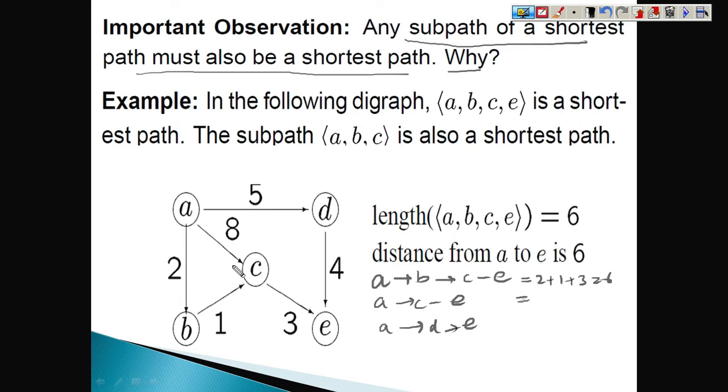ACE is 8 plus 3, that is 11. And ADE is 5 plus 4, which is 9. So we can see that 6 is the minimum value and this will be the shortest path.